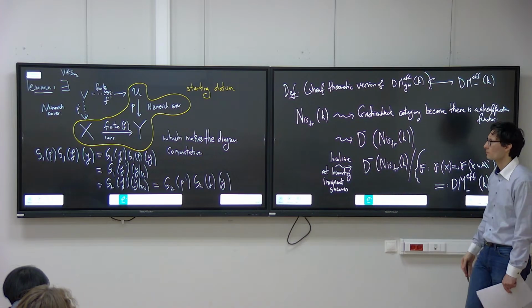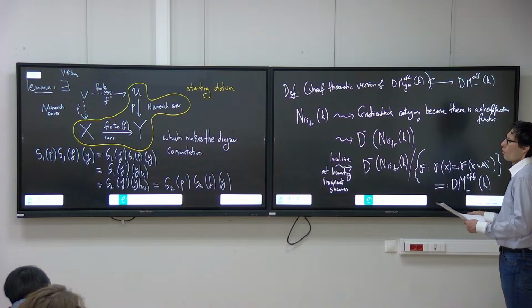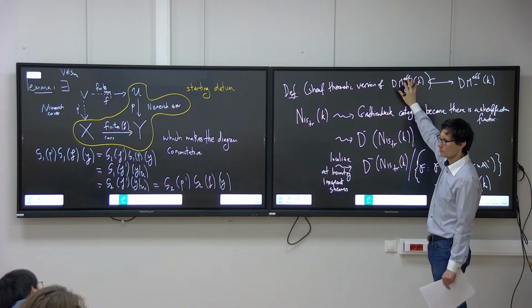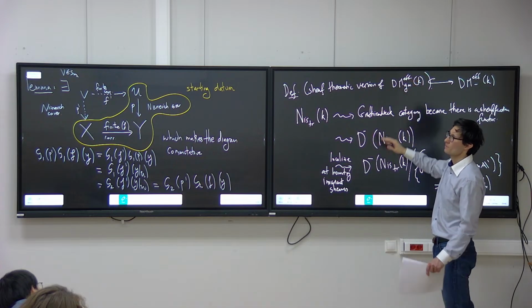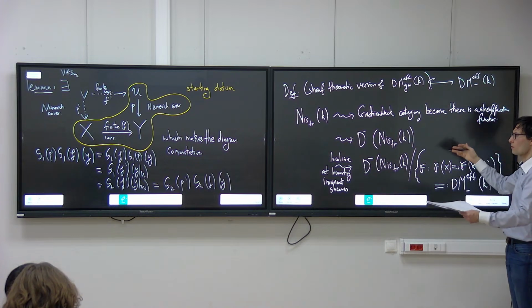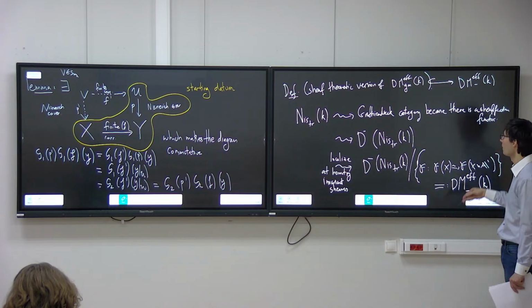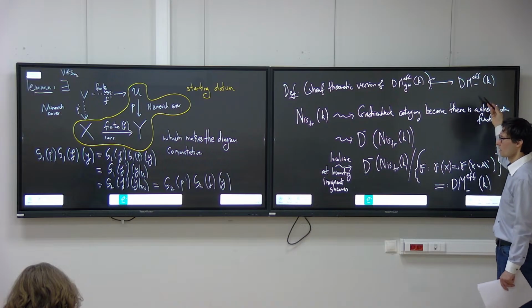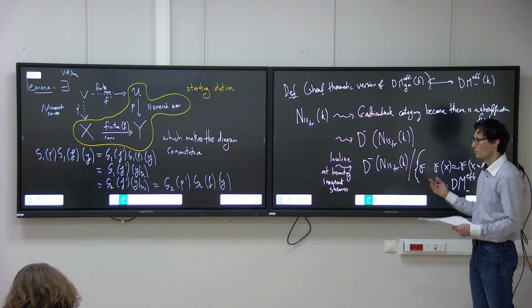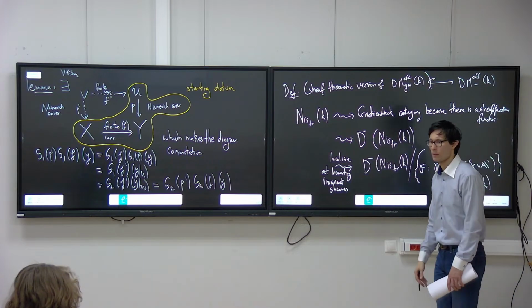It's a powerful yoga: often you start with a category that you want to study, in this case geometric motives, which happens to not have enough structure. So you put it inside something bigger, with more objects but more structure as a result, and you prove things in this bigger category, and this gives you results back in your original category. So that's the point. I think we can stop there for now.